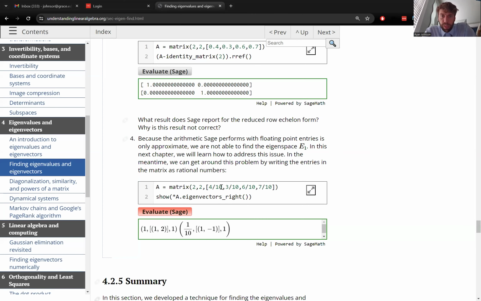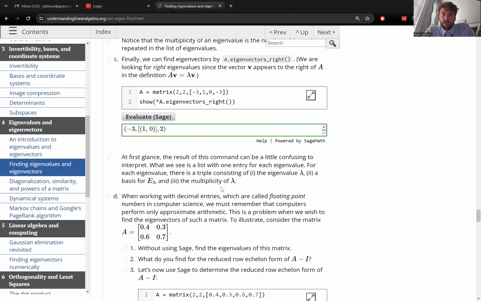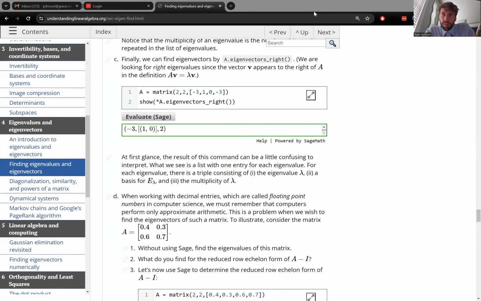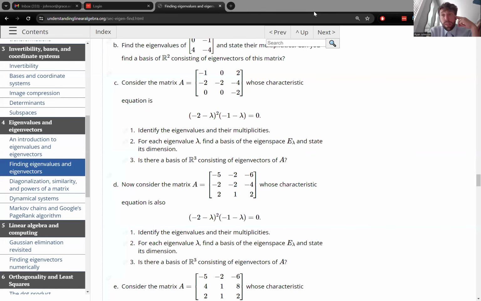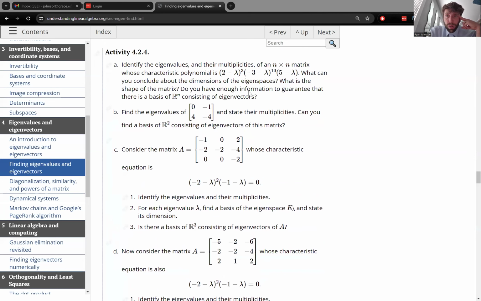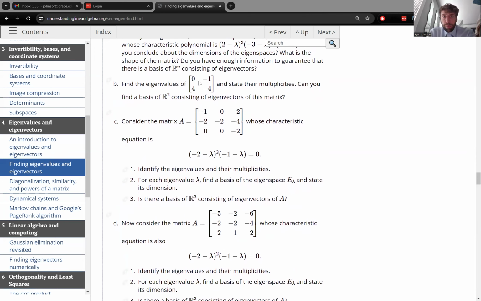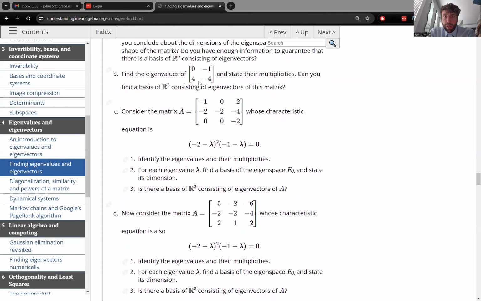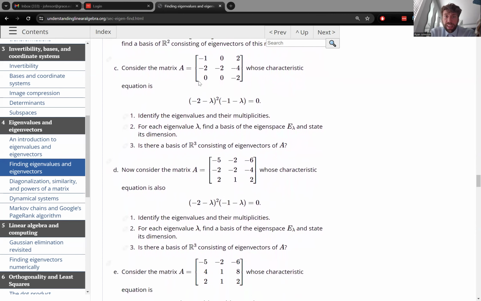Now let's show some examples of doing 3x3s using Sage. Here we have activity 4.2.4, where we did parts A and B in class, but parts C, D, and E were all 3x3 matrices that would have taken longer to solve.